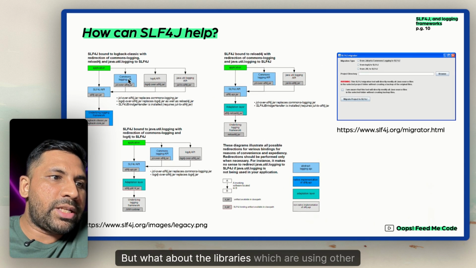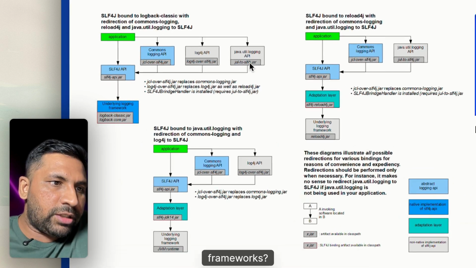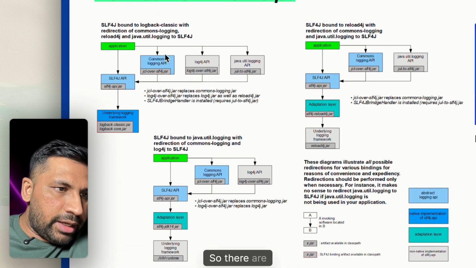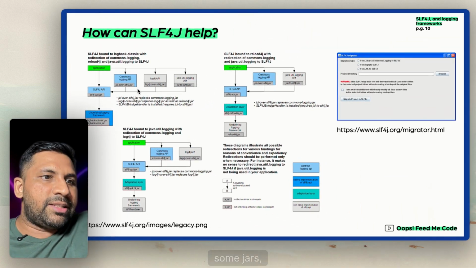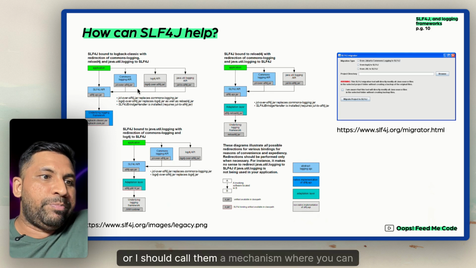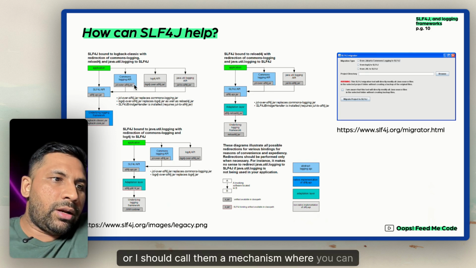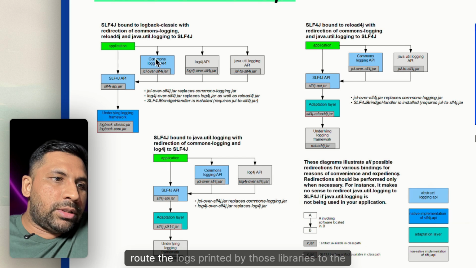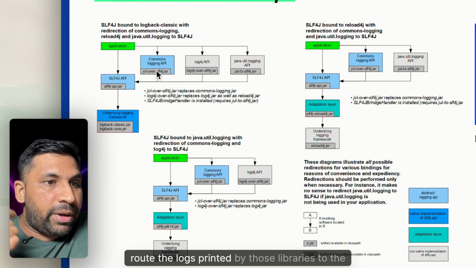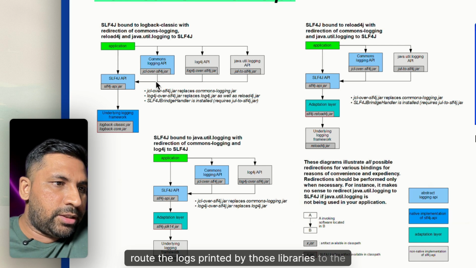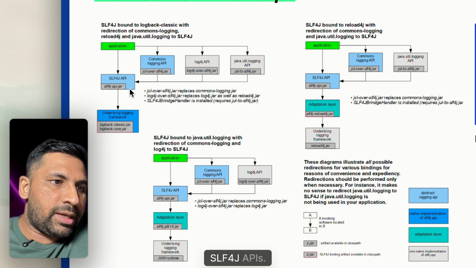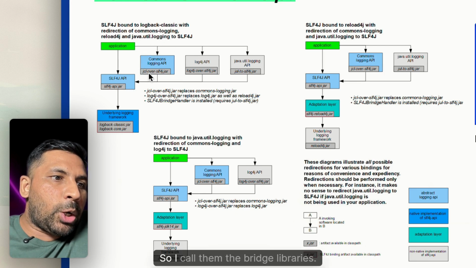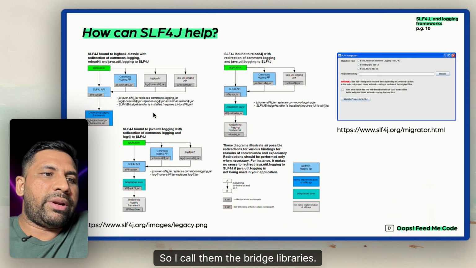But what about the libraries which are using other logging frameworks? There are some jars, some libraries, or I should call them mechanisms, where you can route the logs printed by those libraries to the SLF4J API. I call them the bridge libraries.